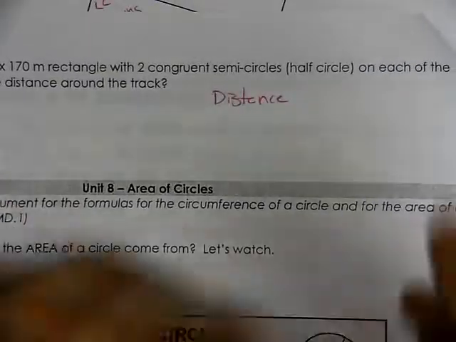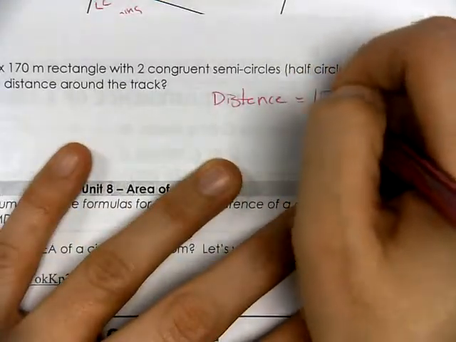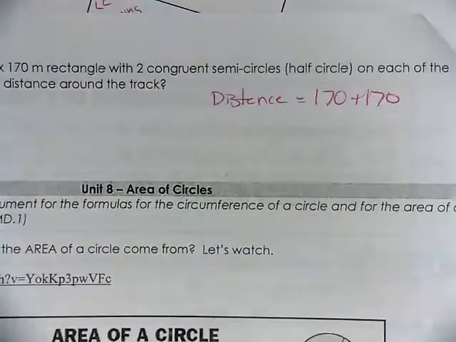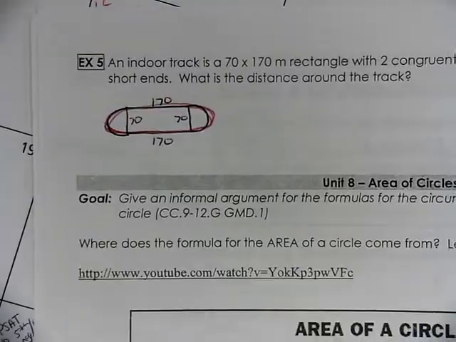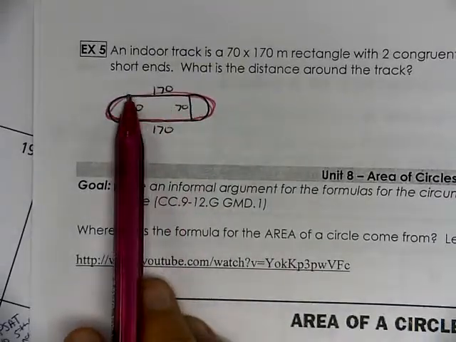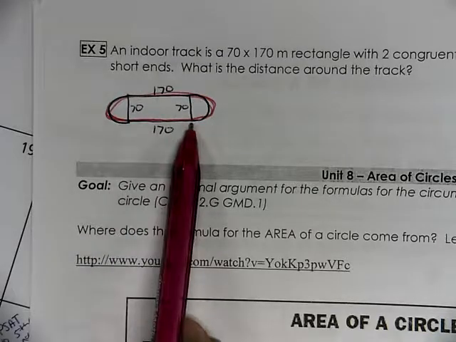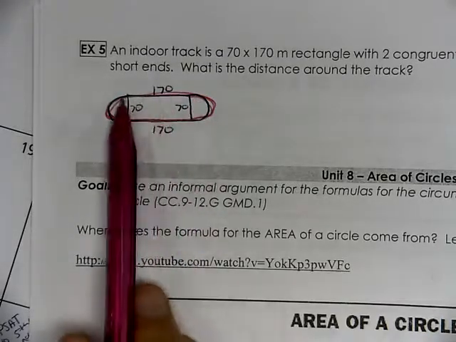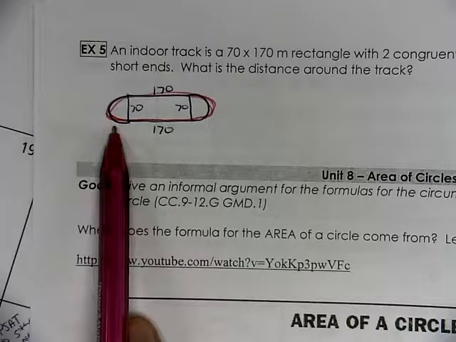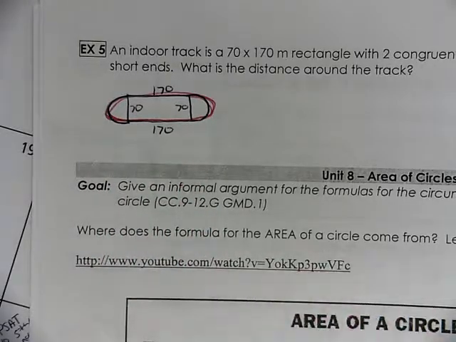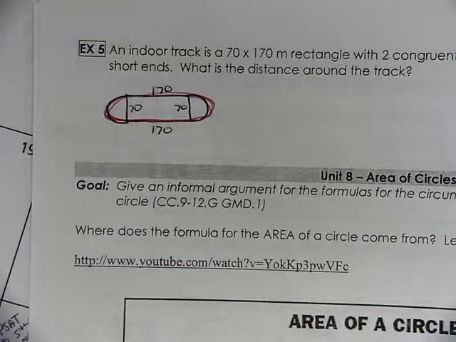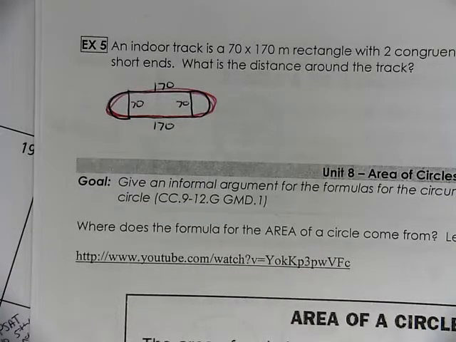The distance around the track, I already know I have to go 170 meters from here to here, and from here to here. The problem is I have to find the distance around the curved area. But what do you think happens if you take 2 half circles and put them together? You get a full circle.